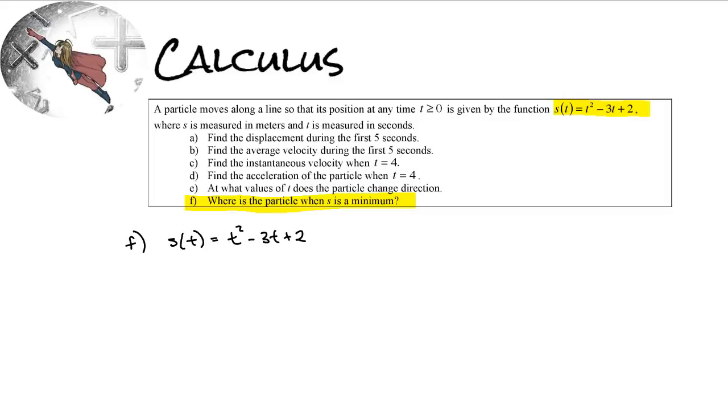Now, anytime they start asking you to find a min or a max of an equation, we've done a lot of the work already, but I'm going to just outline the steps here as if you were starting from scratch. Min or max, you find the derivative of that function, you set it equal to 0, and you solve for the t, or the variable.